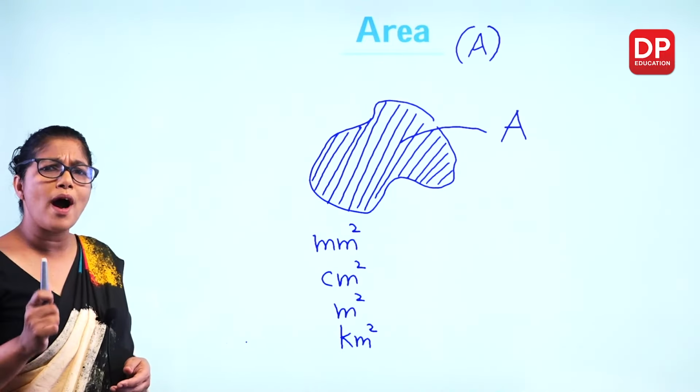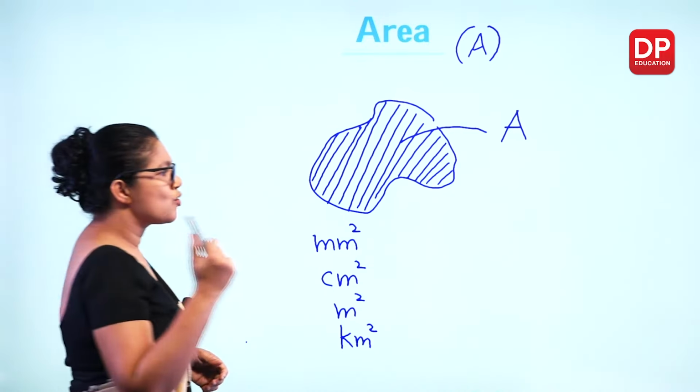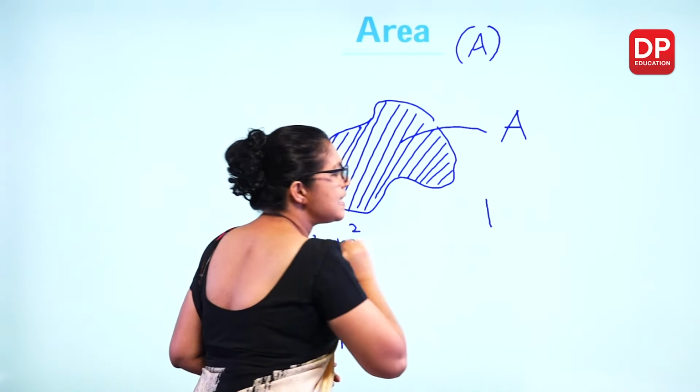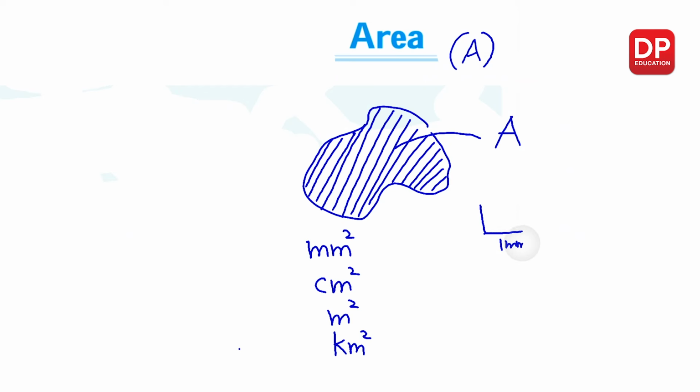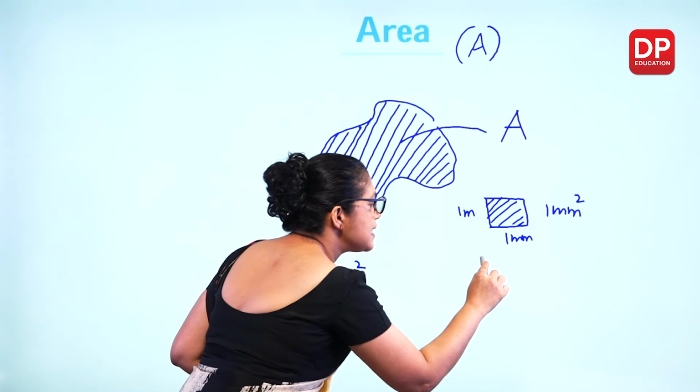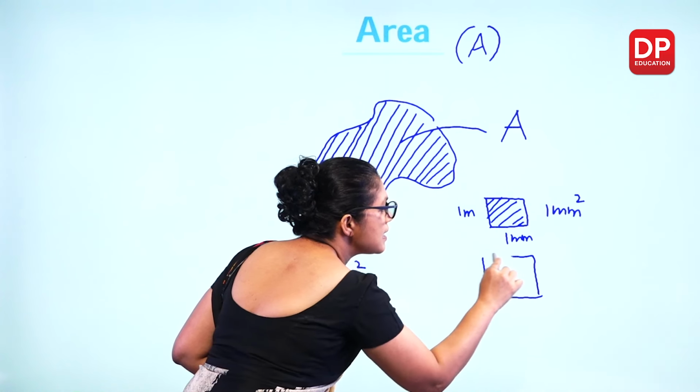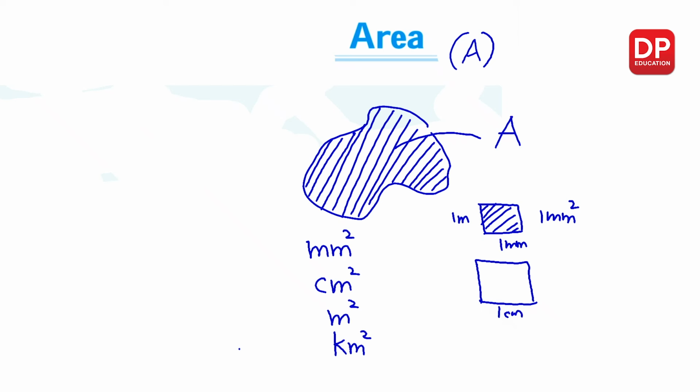So what does 1 square millimeter mean? When you take 1 millimeter length and another 1 millimeter length square, the area is called 1 square millimeter. If you take 1 centimeter length with another 1 centimeter length square, we call this 1 square centimeter area.